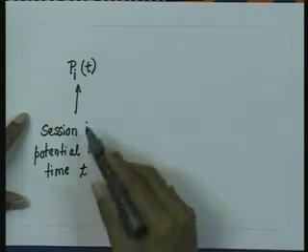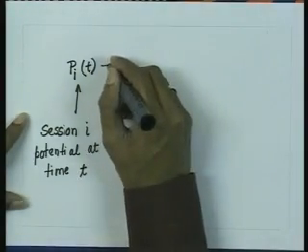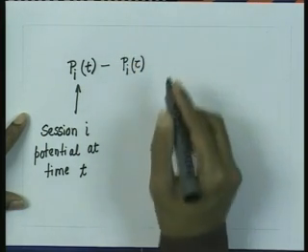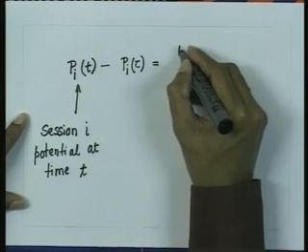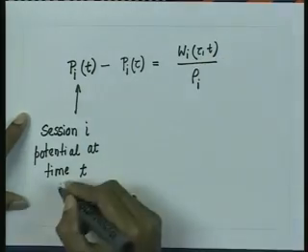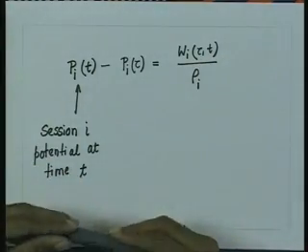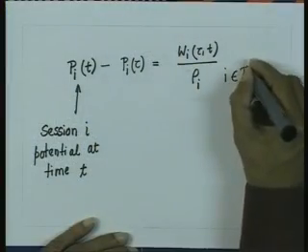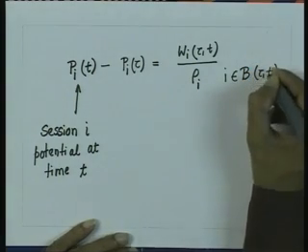Then P_i(t) minus P_i(tau) is equal to W_i(tau, t) upon rho_i. So the potential of the session I during the interval tau to t increases as the normalized service received by this session during this interval, where session I is backlogged during the interval tau to t.